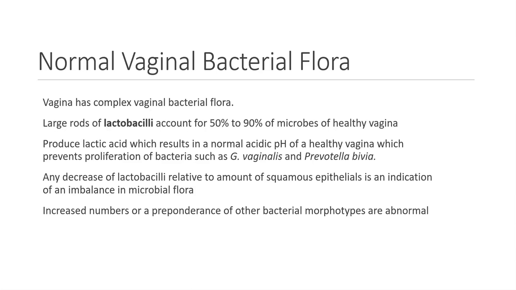They produce lactic acid, which results in a normal acidic pH for a healthy vagina, which prevents proliferation of bacteria such as Gardnerella vaginalis and Prevotella bivia. Any decrease of lactobacilli relative to the amount of squamous epithelials is an indication of an imbalance in the microbial flora. Increased numbers or a preponderance of other bacterial morphotypes are abnormal.